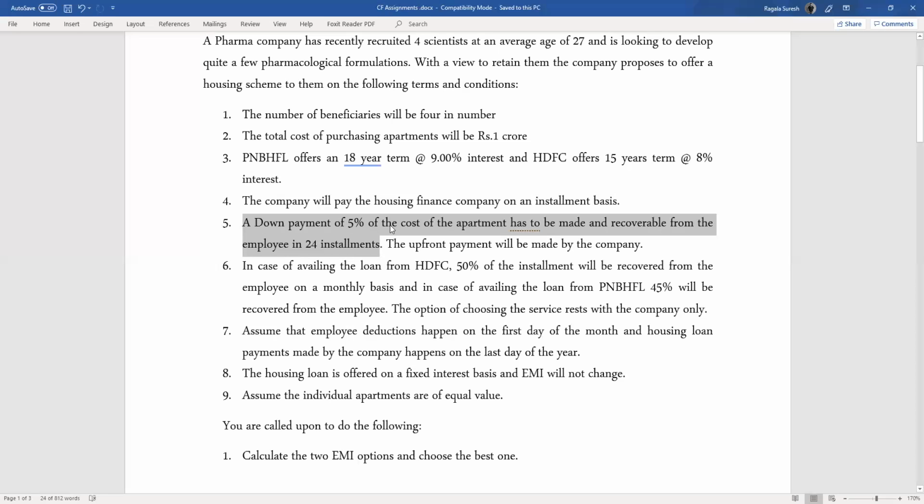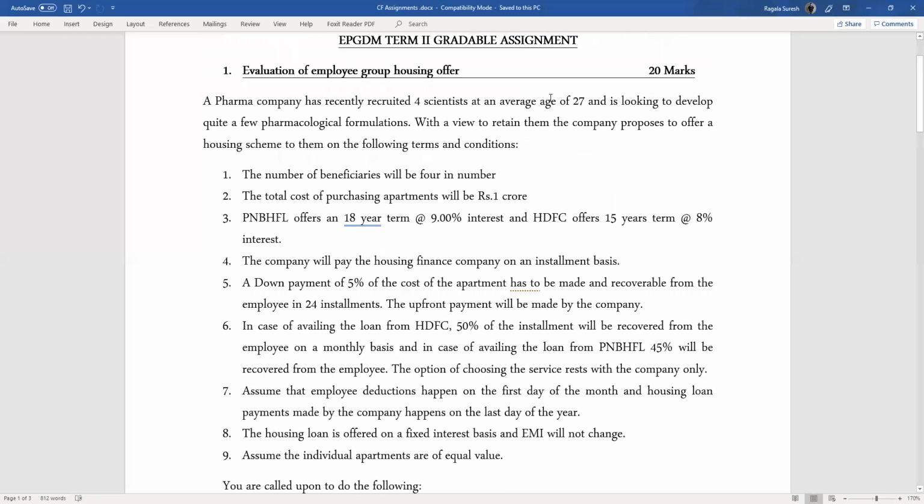Down payment of 5% of the cost of the apartment has to be made and is recoverable from the employee in 24 installments. I think 5% will not be part of the loan. Yes, that's what I am understanding. 5% will not be part of the loan, and that also will be recoverable in 24 installments, not like a down payment at a time.